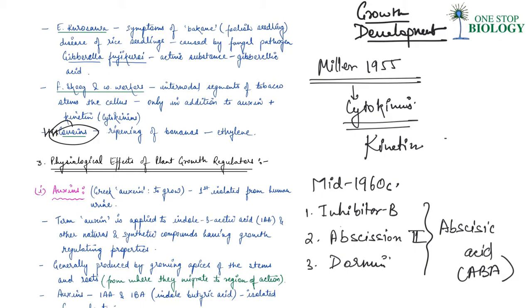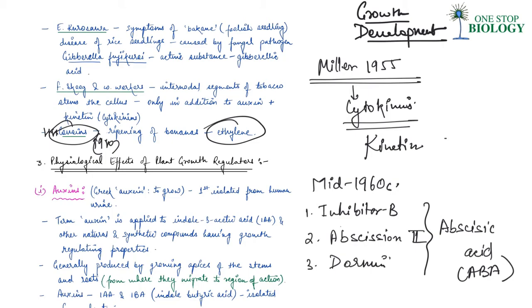In a similar way, H. Cousins in 1910, right, in 1910, confirmed the release of a volatile substance from ripened oranges that hastened the ripening of stored unripe bananas as well. Later, this volatile substance was identified as ethylene, a gaseous PGR.